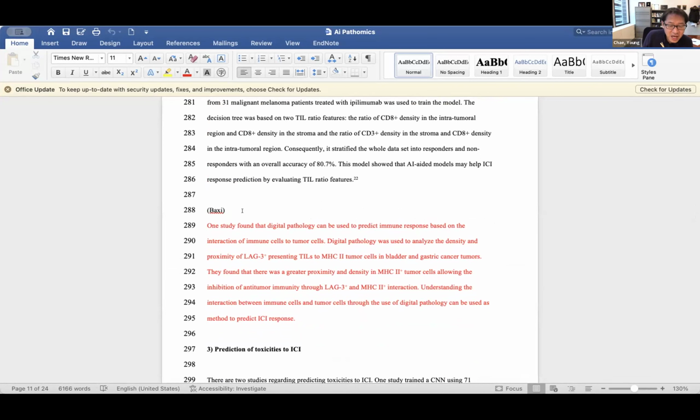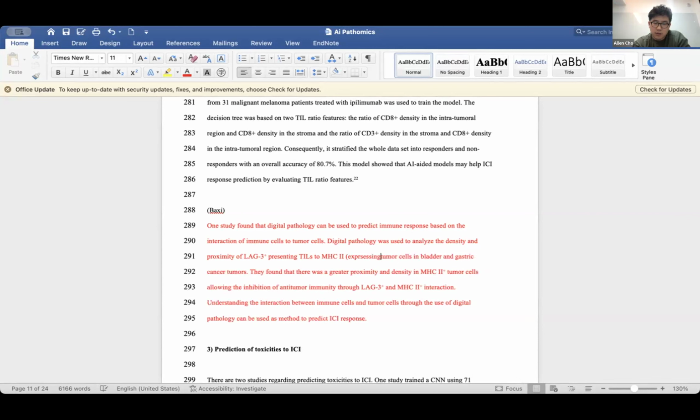The density and proximity of LAG-3 positive TIL to MHC-II expressing tumor cells. Is it MHC-II expressing tumor cells? It should be expressing.